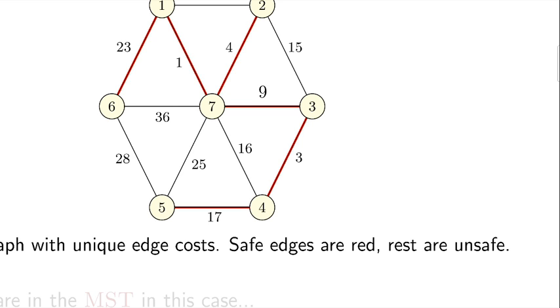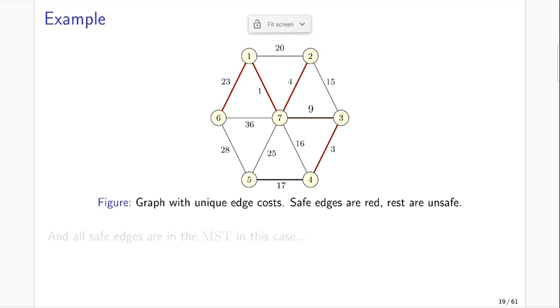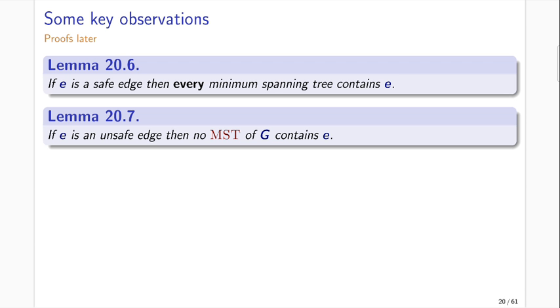This is not coincidental. This is essentially a basic property, because if you look at this red subgraph, it is in fact the minimum spanning tree of this graph. And this is related to what I just told you, that safe edges essentially form the MST. So we will prove later on the following: if an edge is safe, then it must be contained in every MST of the graph.